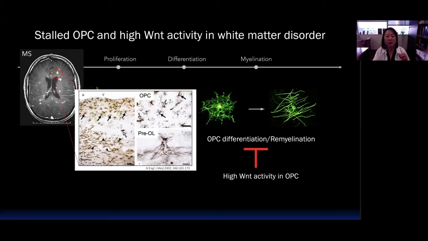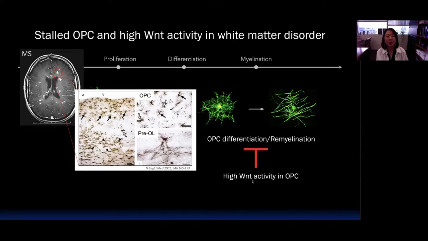However, these cells are kind of stalled there, not fully mature, because people have found that these stalled OPCs have high Wnt activity, and this high Wnt activity really inhibits oligodendrocyte progenitor cell differentiation. So long story short, Wnt signaling is important throughout development, but in the injury paradigm, what people believe so far is that Wnt antagonizes oligodendrocyte differentiation in the repair process.